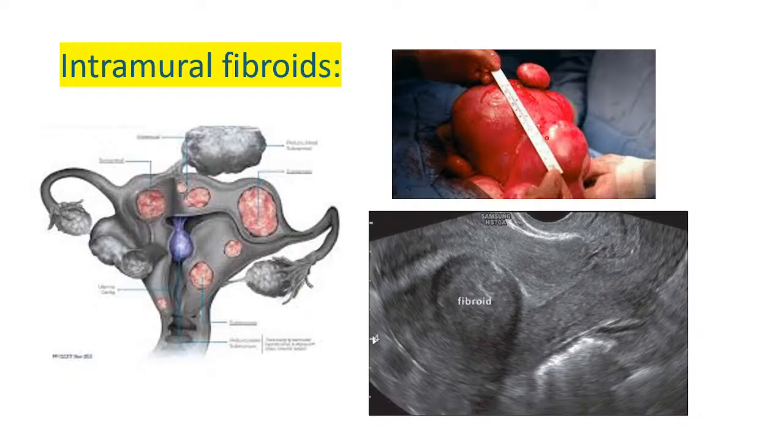This is an intramural fibroid. A fibroid that you find within the mass of the myometrium is called an intramural fibroid.